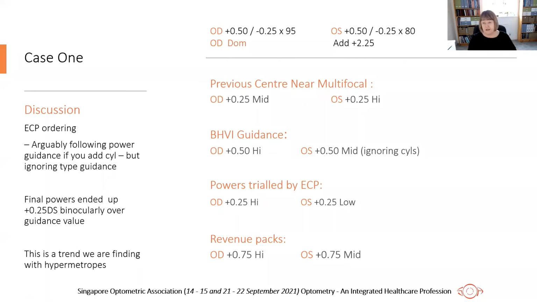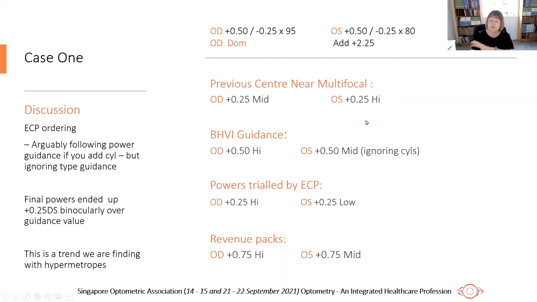Now, in the first case, this is somebody who would probably be termed emmetropic for most of their life. This is somebody with low plus, low cyls, now got an add of 2.25, right eye dominant. They had been wearing Centenaire multifocals, and typically in multifocal wear, the high add lens is put in the non-dominant eye.